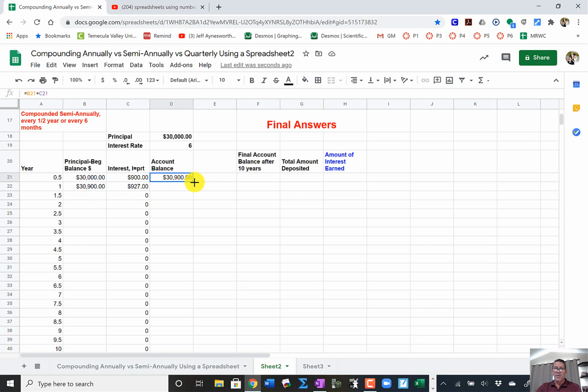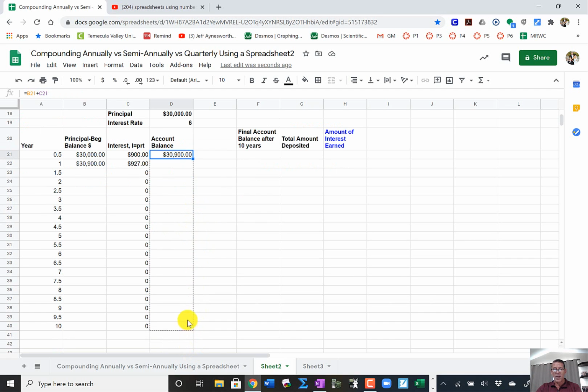If you go to account balance, you click and drag on the bottom right hand corner and go all the way down to year 10, you'll see that there's a number there located in D22. This account balance is the previous balance in B22 right here, plus the interest gives you this total. So it makes sense there's a number there.